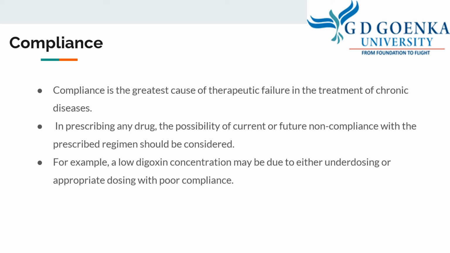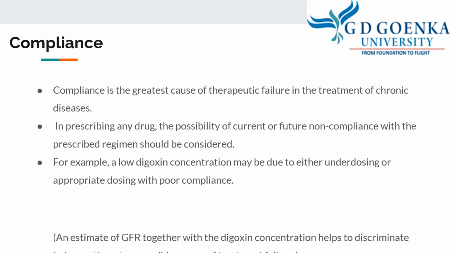In prescribing any drug, the possibility of current or future non-compliance with the prescribed regimen should be considered. For example, a low digoxin concentration may be due to either underdosing or appropriate dosing with poor compliance.